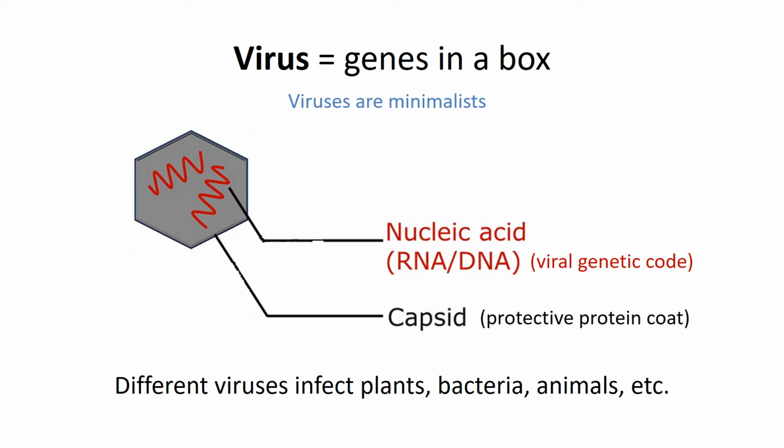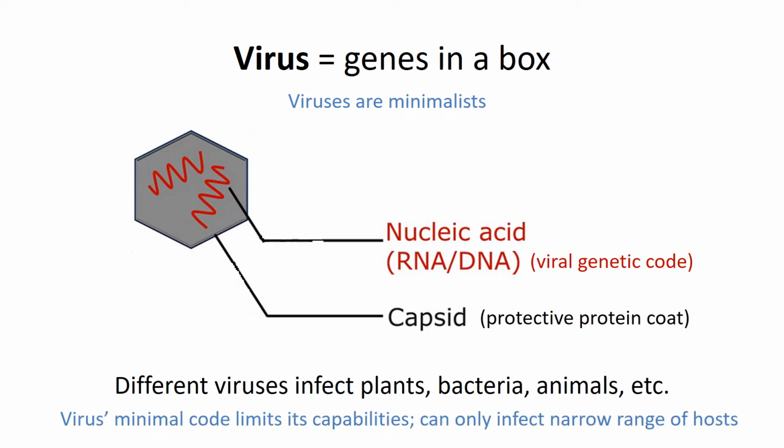Viruses are so minimal that this limits their capabilities. That means that each virus can only infect a narrow range of hosts, such that different viruses infect plants or bacteria or animals.